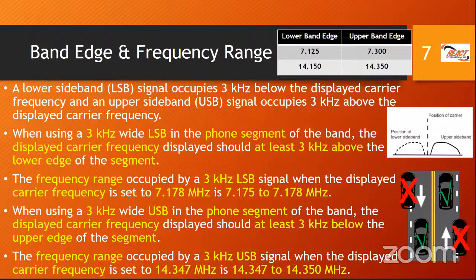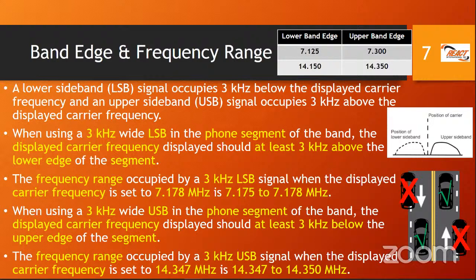And we need to be aware that our frequency, when we use it, doesn't occupy a single spot on the frequency spectrum. It occupies a bandwidth, or an amount of spectrum, to the left or to the right of that center frequency. So whatever frequency we put into the dial on our radio, let's say 7.718178, for example, we need to know where else, apart from that frequency that we put in, it occupies.